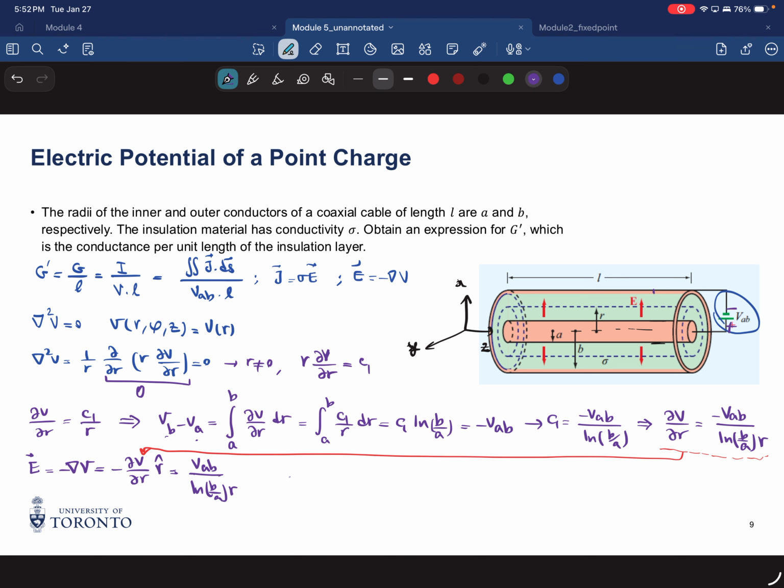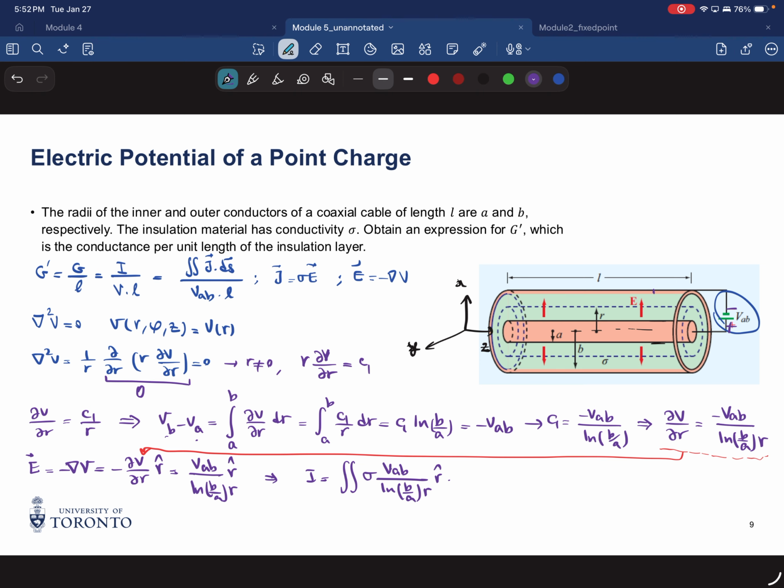Now, what we need to do is say I is equal to the integral of sigma E dot ds. And E is VAB over ln of B over A times r, r hat. Now, notice that the electric field is going radially.